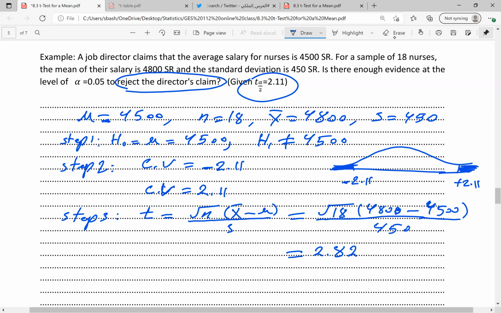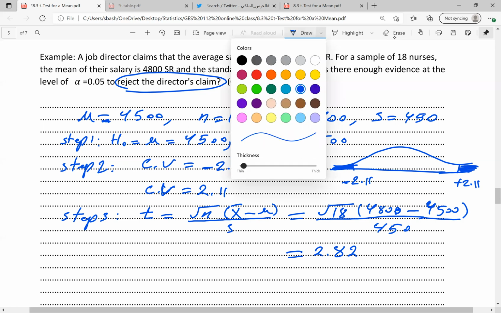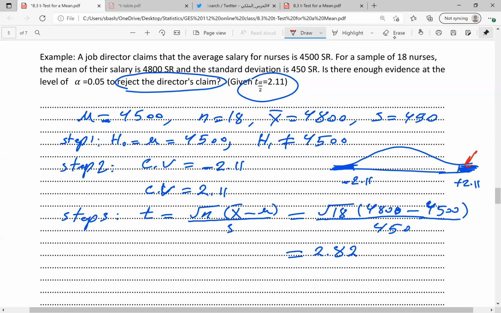Now 2.82, it is in this area. So it is in the rejection area.